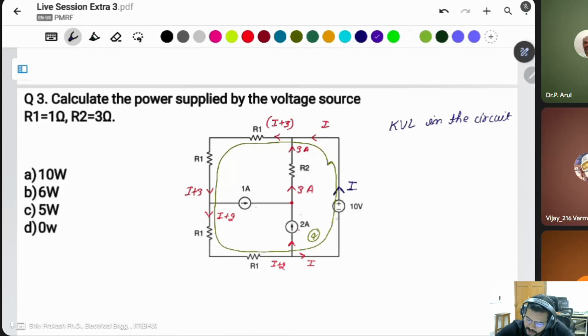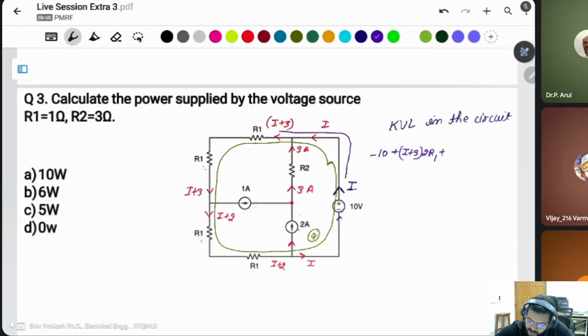Apply KVL starting from here. The first term is minus 10. Then after this comes R1. R1 has a current of I plus 3, so I plus 3 into R1. Then this R1 and this R1 are connected in series, so you can take them as 2 R1.